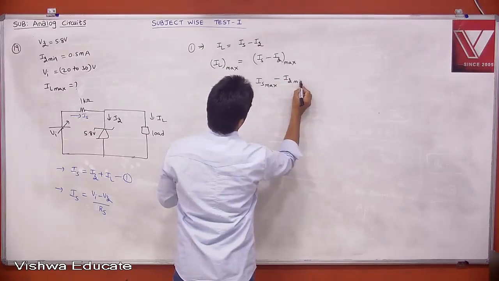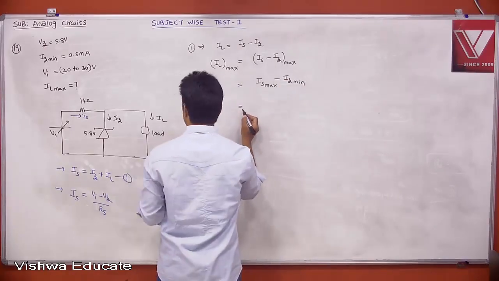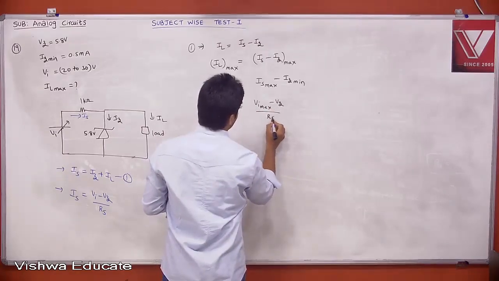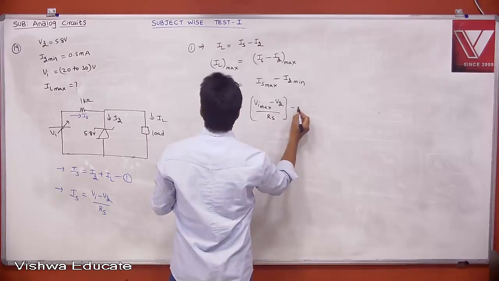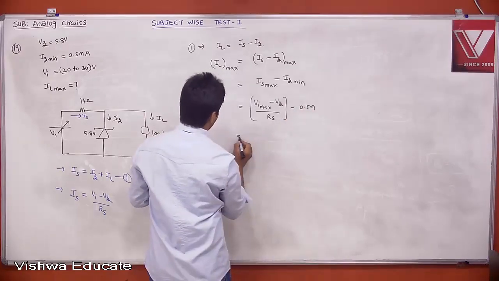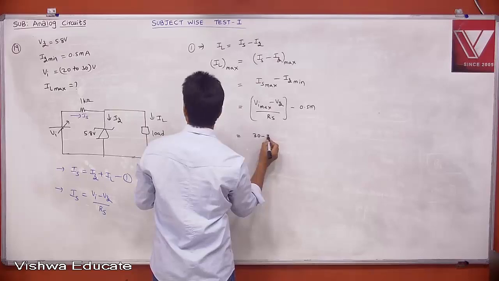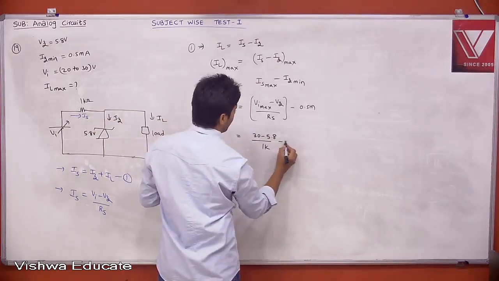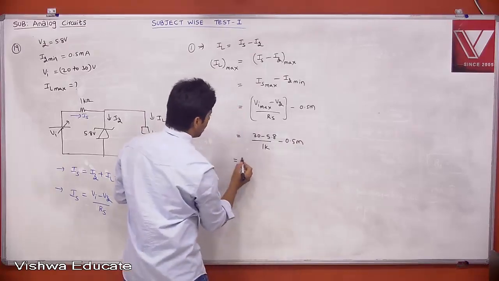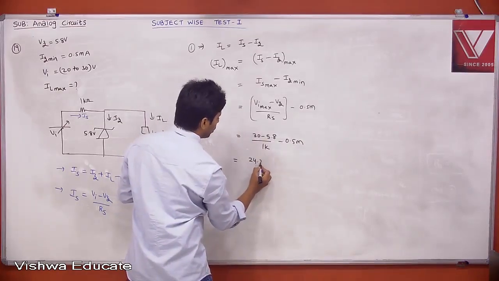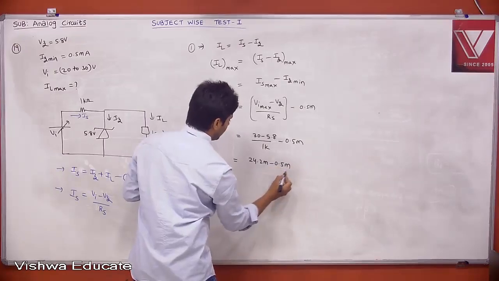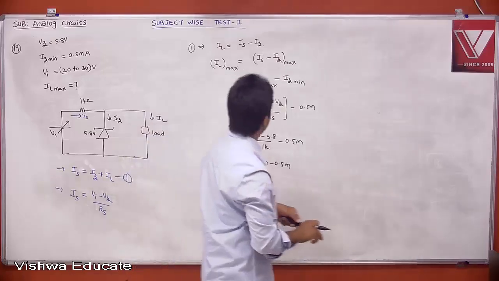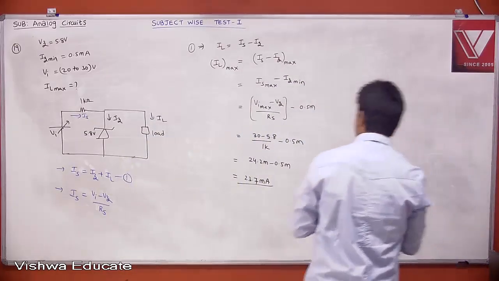IS maximum is VI max minus VZ divided by RS, minus IZ minimum, which is given already, 0.5 milliampere. VI max is 30, so 30 minus 5.8 divided by 1K, minus 0.5 milli. That's it. This is 24.2 milli minus 0.5 milli, which is 23.7 milliampere. Therefore, your answer is A.